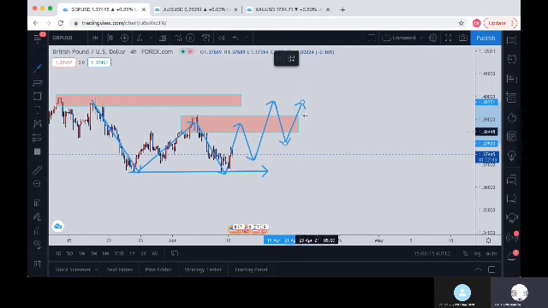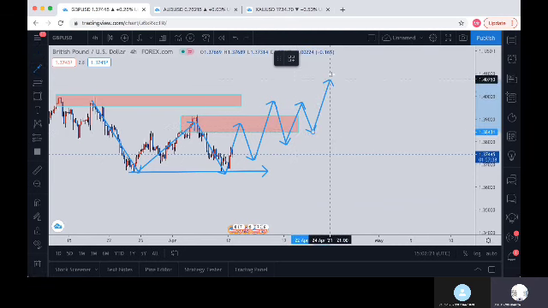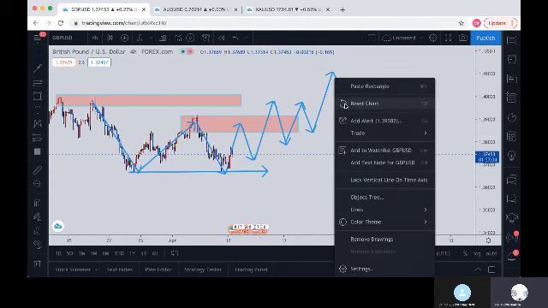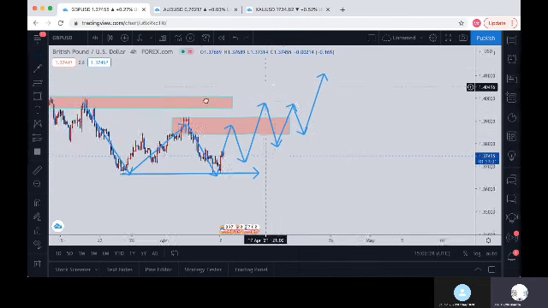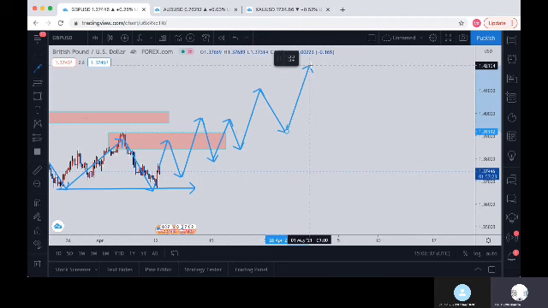Then it'll fail to break it again, you have this minimal pullback, and then you have the breakthrough again. That's when you start seeing it. But once you see that breakthrough and it starts trending, you will most likely not see it again, because then it'll just start trending normally.